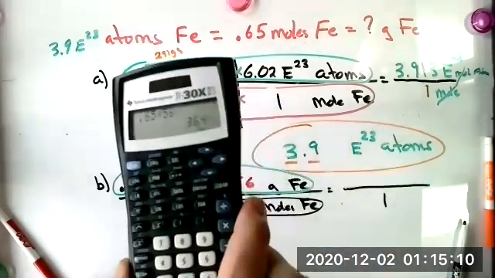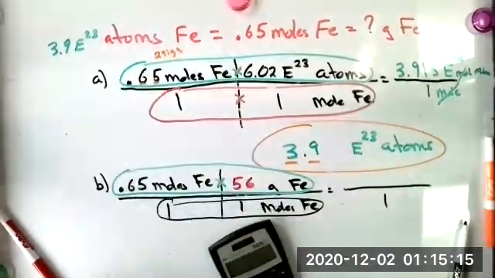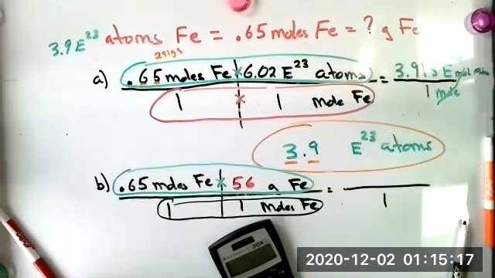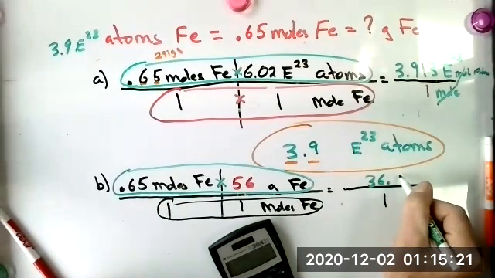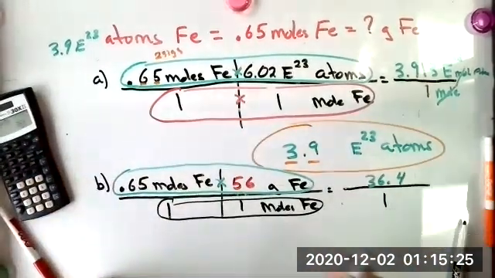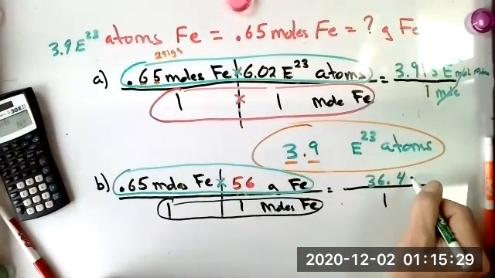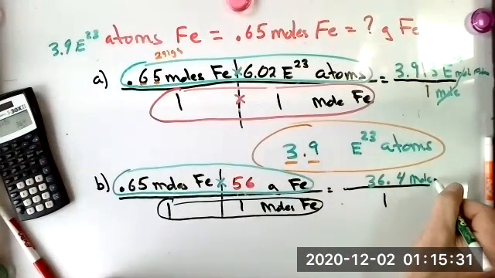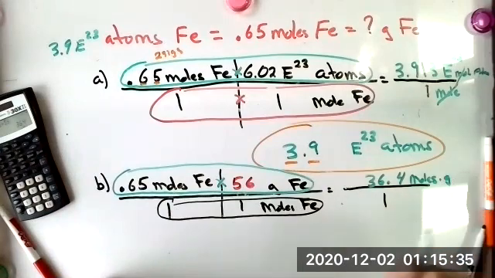There's my answer: 36.4. Units. What's going on? Moles times grams. Well, those are different, which means they stay. I'll just put G there. What's the unit in the bottom? 1 times mole.